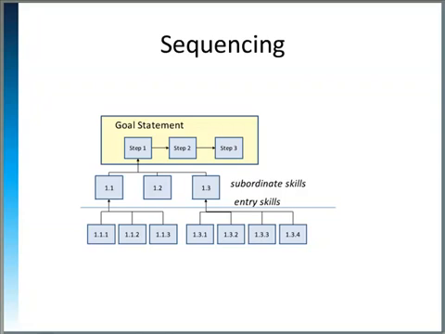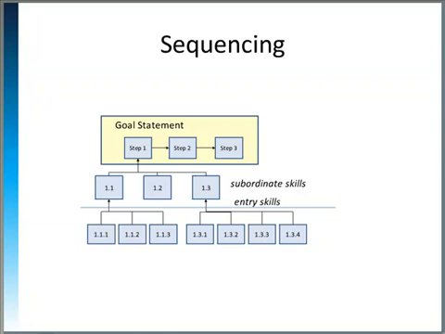This brings us now to how to teach these individual skills or topics. And we did discuss this somewhat in a previous presentation when we were discussing Gagné's domains of learning. But in order to sequence instruction, you must also consider how to represent these materials in a logical manner.